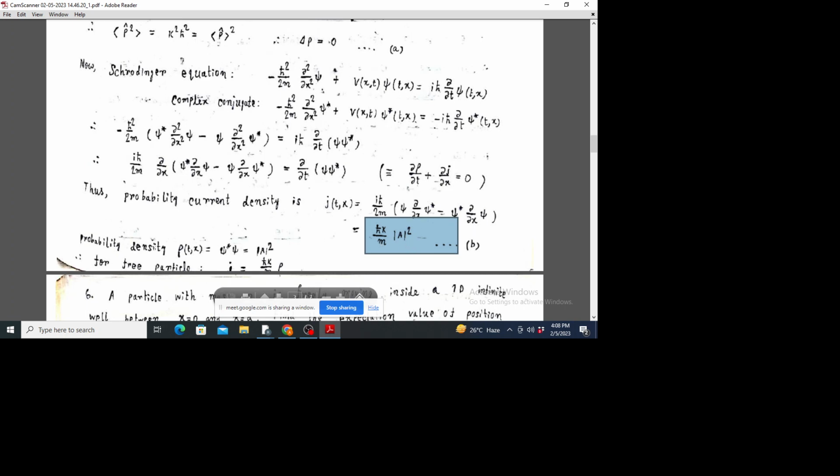So curiously, there is one thing for a free particle. This is the relation B, the probability current density, and the probability density for a free particle is mod A square. So there is a direct relation between rho and J for a free particle.